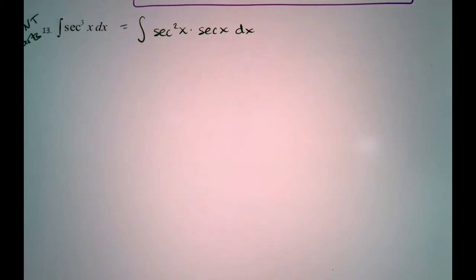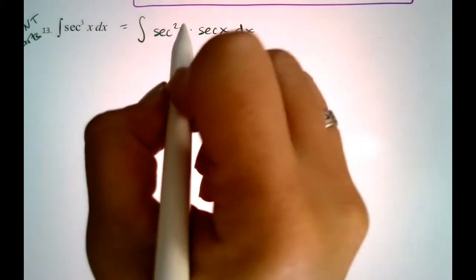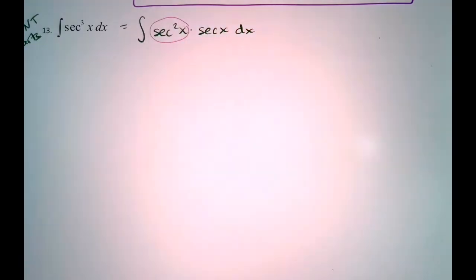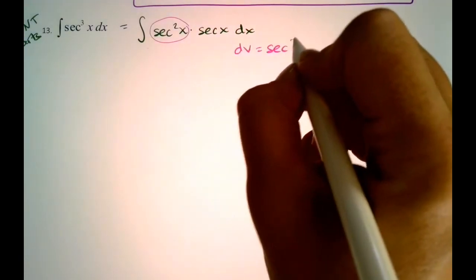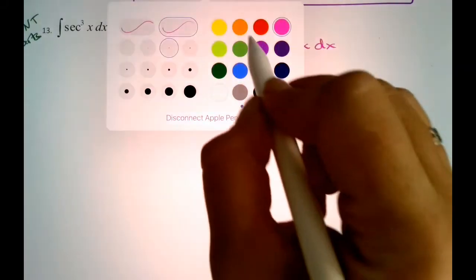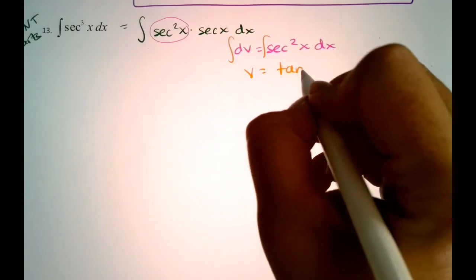And let's take a look at this. We're going to break this up into secant squared and a secant. And let's be honest about what's the easiest thing to do. I recognize secant squared as being an integral that is generally easy to work on, so I'm going to set that to be dv, because if I'm integrating secant squared x dx, which is what you want to do to find v, well, that's tangent.